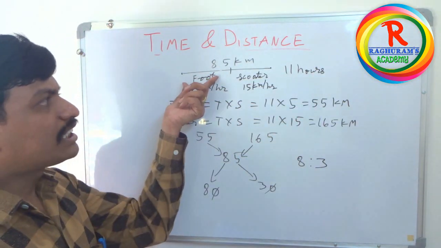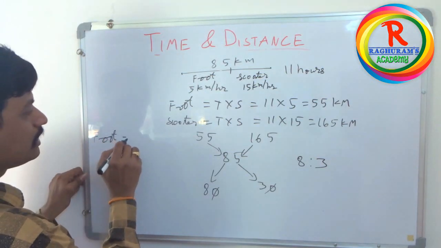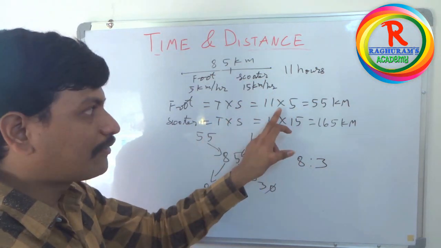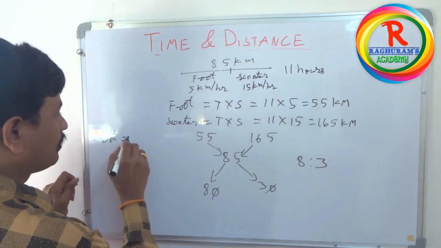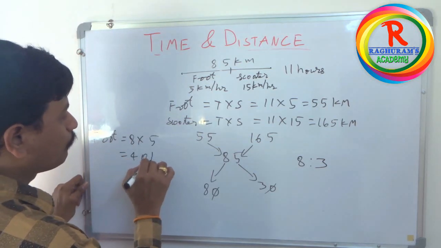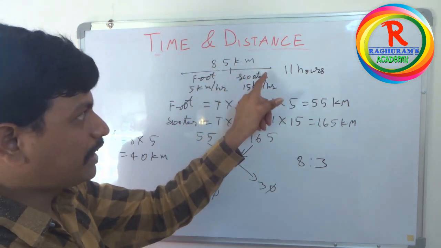So we need to find the distance traveled by foot. If the total distance is by foot, then what is that? Not 11 hours, here 8 hours. 8 into speed 5, 8 fives are 40 kilometers. If 40 kilometers by foot, the remaining 45 by scooter.